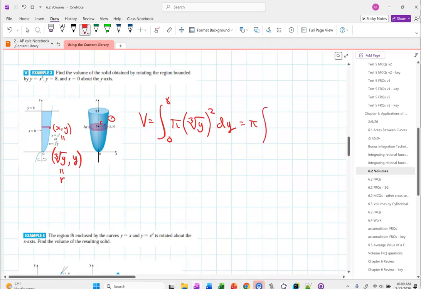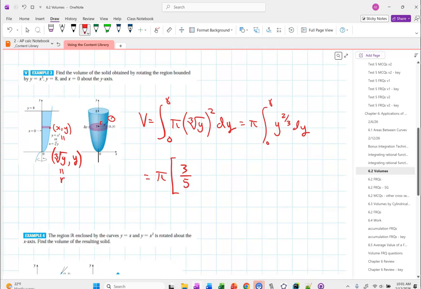I'll pull the pi out, as long as we're simplifying things. What's the antiderivative of y to the 2/3? 5/3 divided by, 3 on top, 5 on bottom. Everybody okay there?